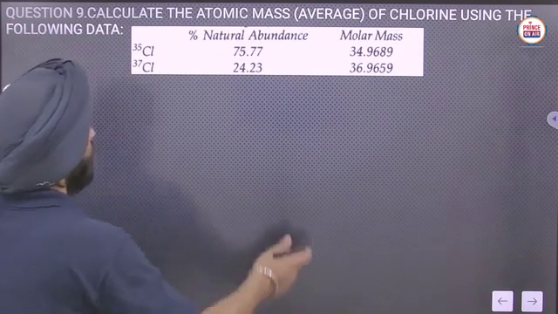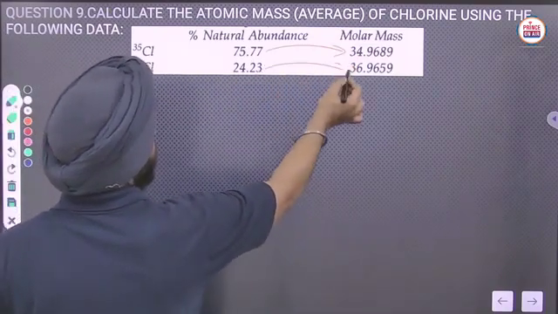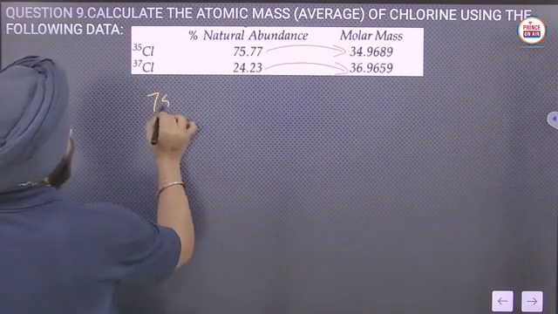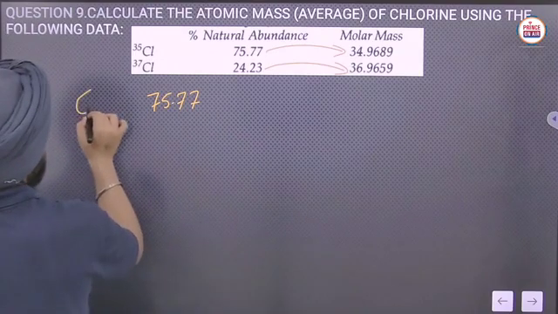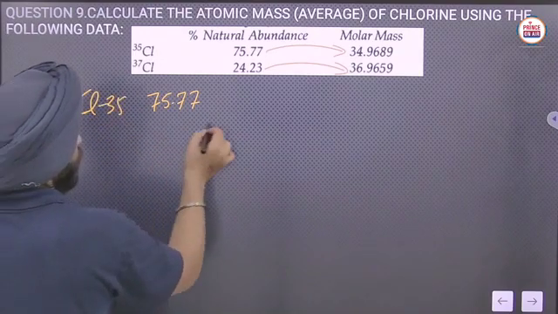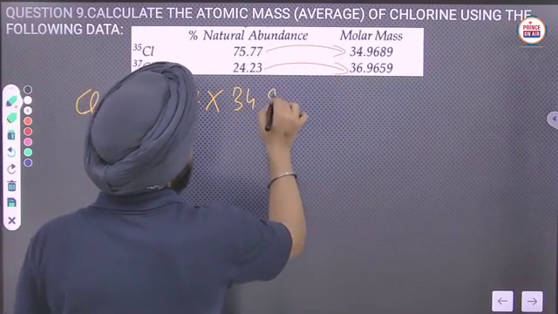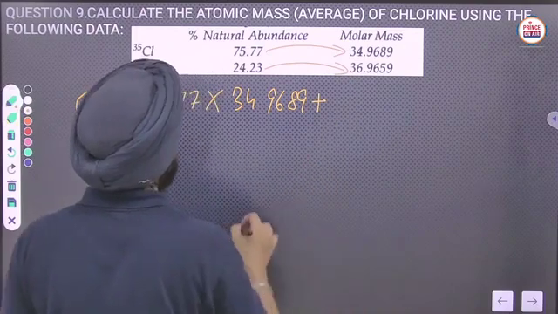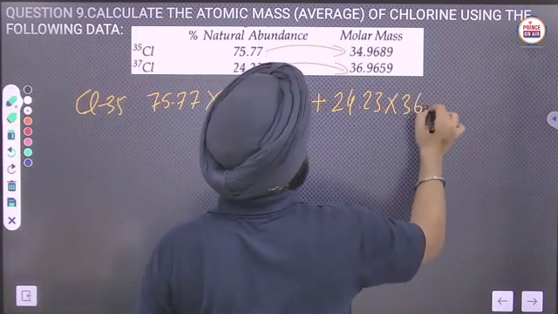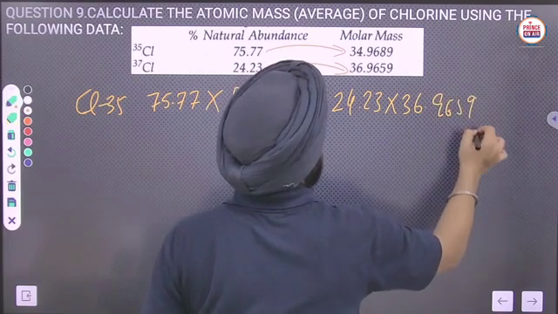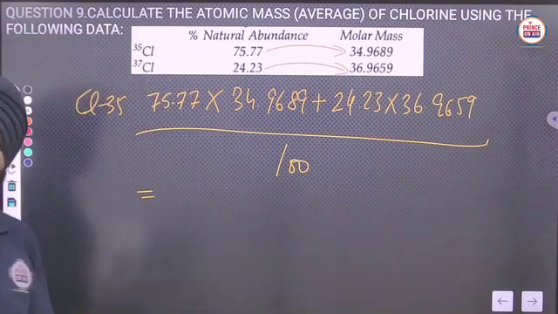Shall we do it now? Since the percentage abundance is given, multiply it with each isotope mass. 75.77% with 34.9689, plus 24.23 multiplied by 36.9659, all upon 100, because it is a percentage.